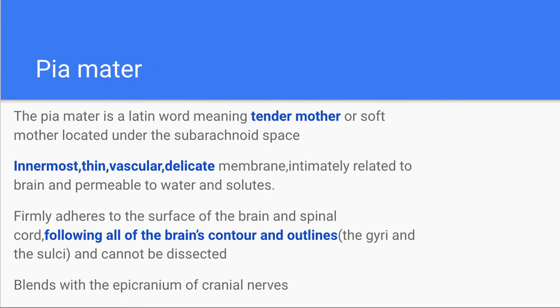Okay. Moving on to the last layer of the meninges, which is the pia mater. Now the pia literally translates to tender mother or the soft mother, located under the subarachnoid space. It is the innermost, thin, vascular, delicate membrane which is intimately related to the brain and is permeable to water and solutes.